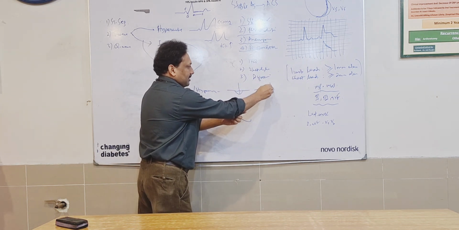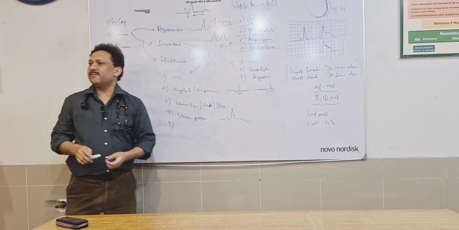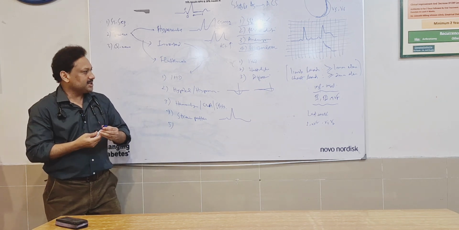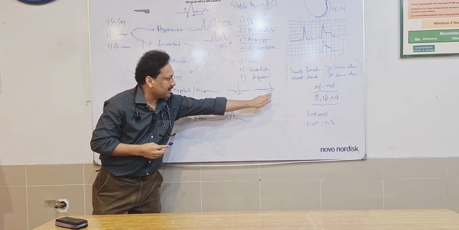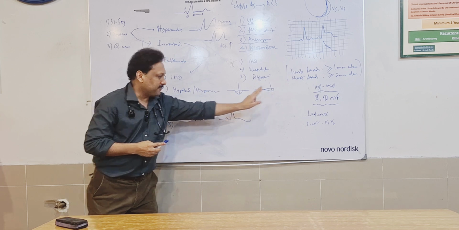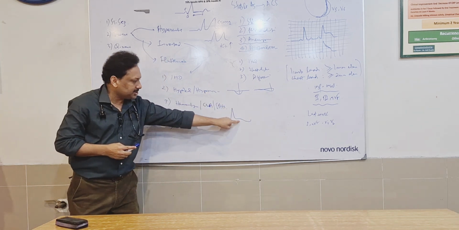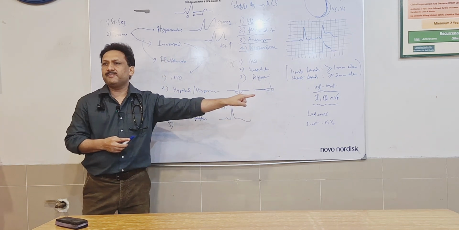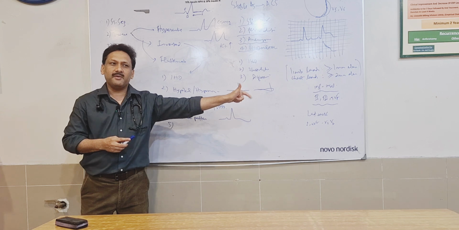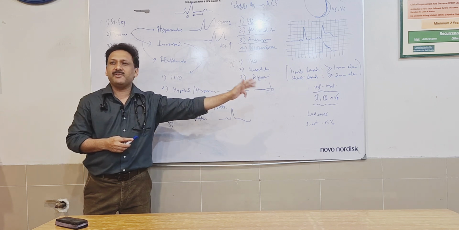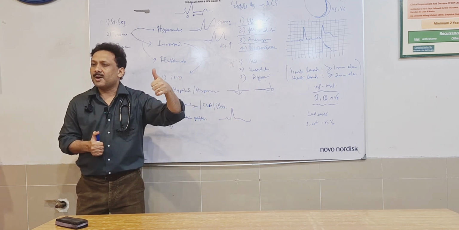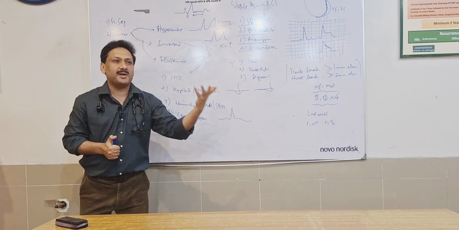If I draw here, that's entirely a different picture, right? This is what we call asymmetrical T wave. So whenever you see such kind of asymmetrical T wave in lead 1, AVL, V5, V6, you would be saying a patient is having strain pattern.